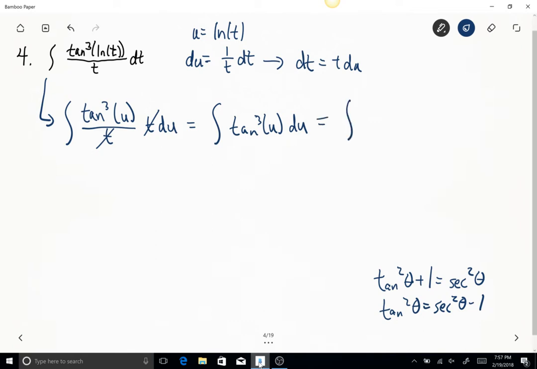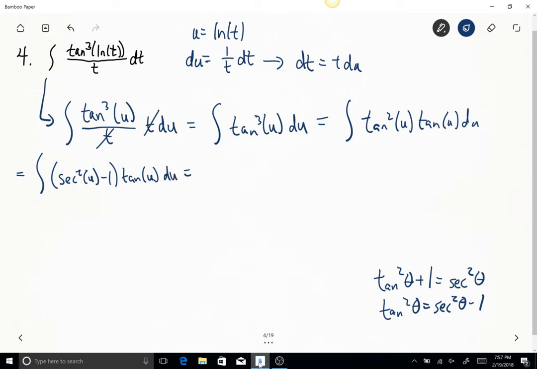So you can rewrite this integral, first off, as tan squared u times tangent of u, and then we have a du. And don't forget about that du just yet either. We're going to use the u a little bit later after we evaluate this integral. So we can rewrite this as secant squared u minus 1 times tangent u, and then we have a du.